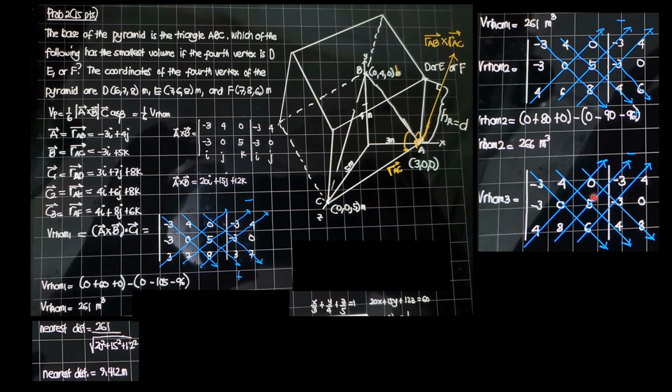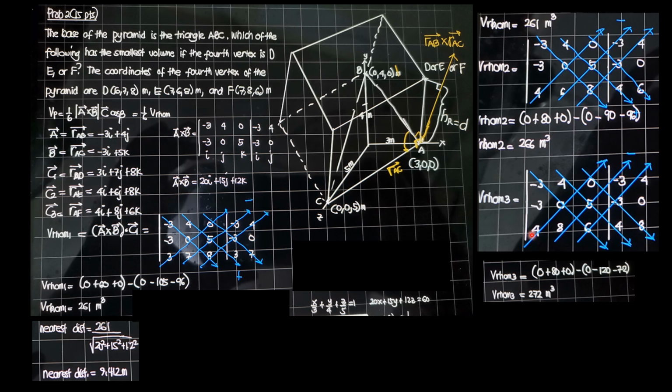Then for volume 3, it is A, then B, components of B, then components of C: 3, 4, 8, 6. So it is equal to 0. Then 4 times 5 times 4, that's 80. Then plus 0 times negative 3 times 8, 0.